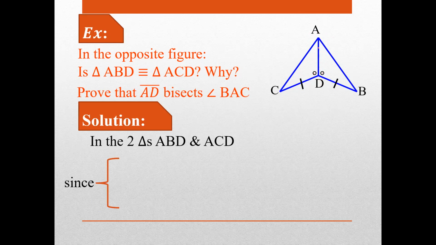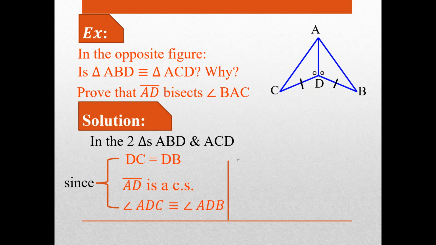Since DC equals DB, AD is a common side, and the third condition is that angle ADC equals, or is congruent to, angle ADB, then the two triangles are congruent. Triangle ADB is congruent to triangle ADC.